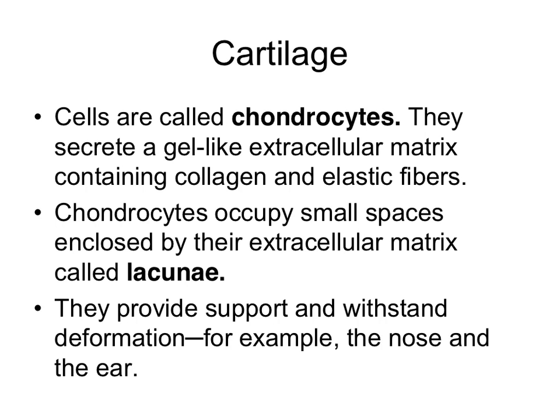Cartilage. The cells of your cartilage are called chondrocytes. So that's what you write down there. They secrete the extracellular matrix, that's their job, that contains the collagen and elastic fibers. So all those fibers, those proteins, those collagens, those are made inside the cells and then expelled into the extracellular matrix.